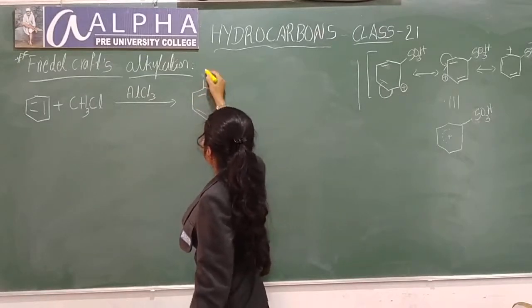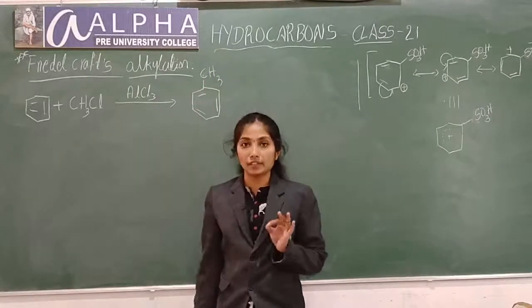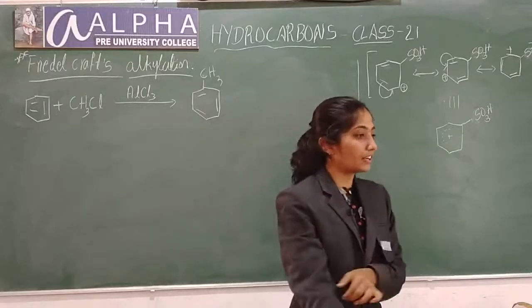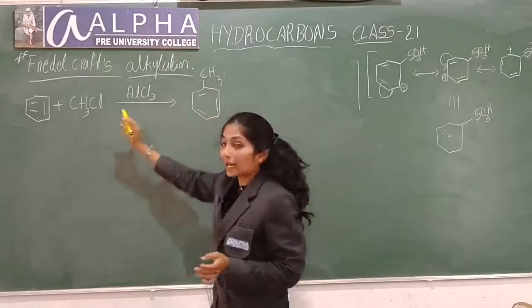You can take anything, for example CH3. Alkyl substituted benzene formation will take place. This is alkylation of benzene, Friedel-Crafts alkylation of benzene. Here we are substituting an alkyl group.